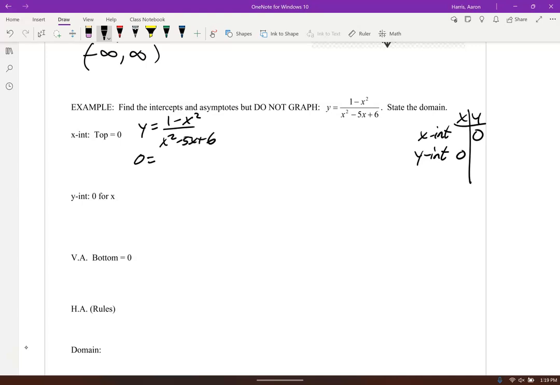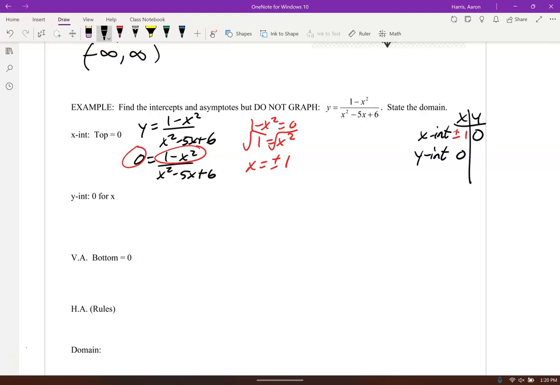Let y be 0. To be true, the numerator has got to be 0, right? Add x squared to both sides, take the square root. So I got plus or minus 1.